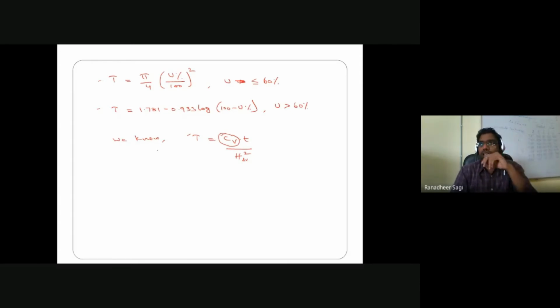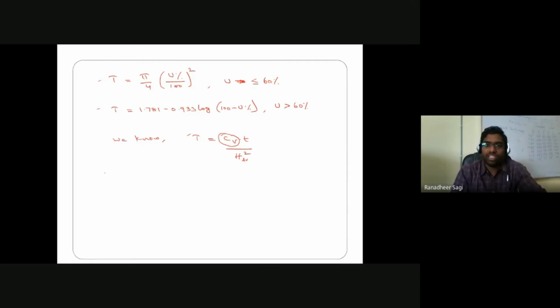And now the other consolidation or compressibility characteristic of the soil is to find your coefficient of consolidation that exists in your soil. So now let's go ahead and see how to find the coefficient of consolidation for the soil.